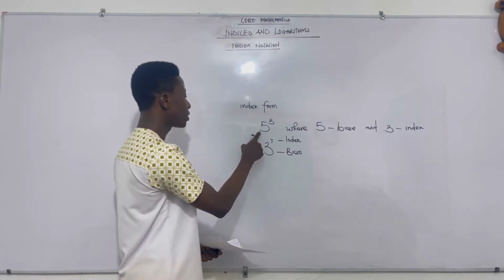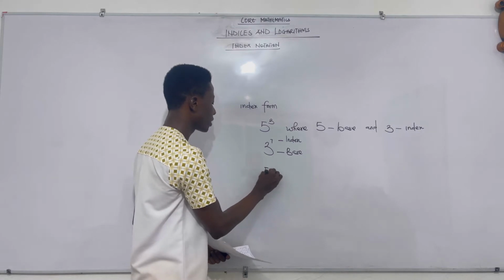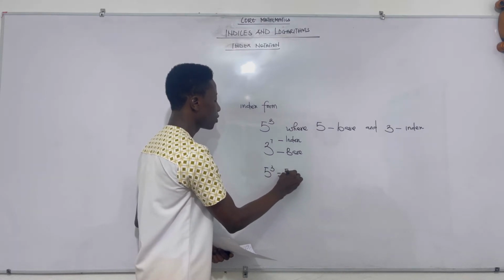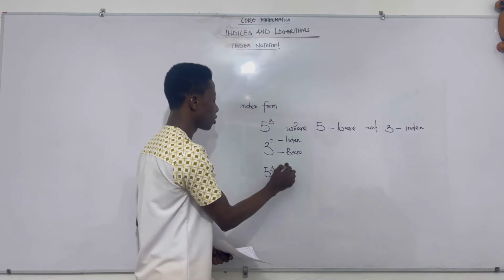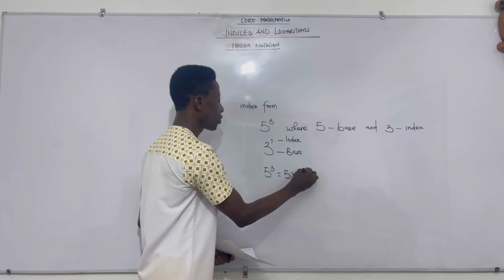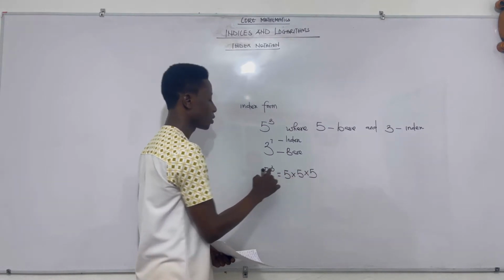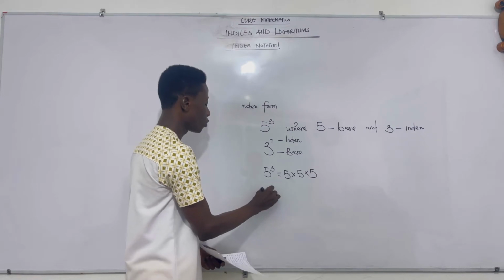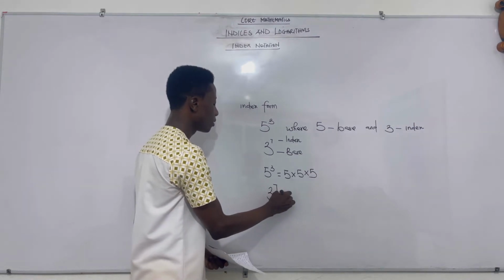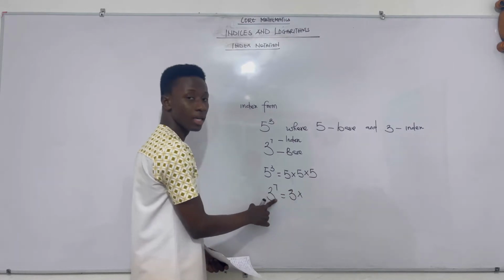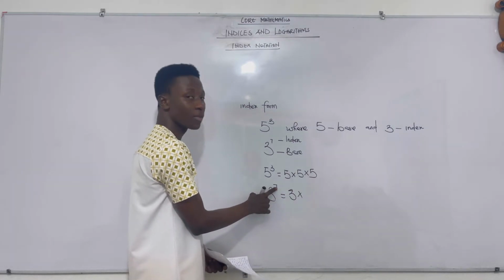And so for 5 exponent 3, it means 5 should be multiplied. That's the base. So the base should be multiplied by itself 3 times. The same applies to 3 exponent 7. It means we have to multiply the base to itself 7 times.